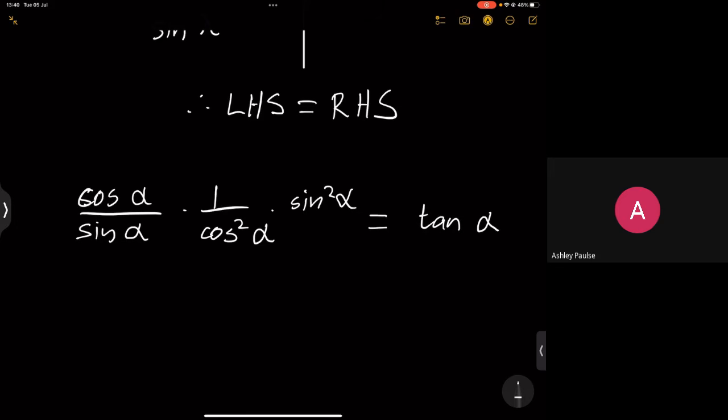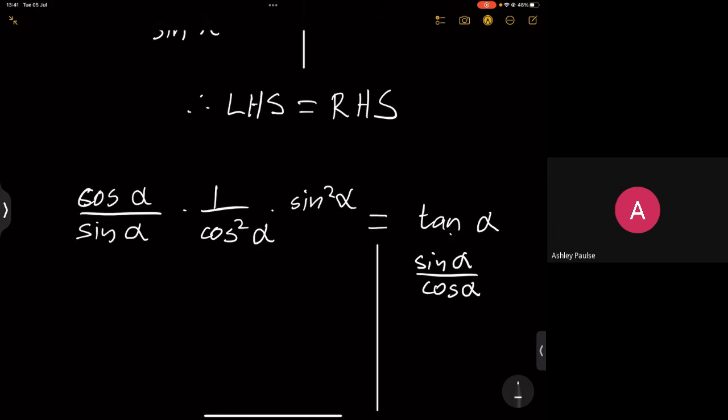Let me give some advice here. Obviously we would do that with an intention. Remember, every time you are looking at identities, always keep in mind what's on the right-hand side. You've got 10 of alpha there, right? And if we wanted to write 10 of alpha, we could write it as sine of alpha over cos of alpha.